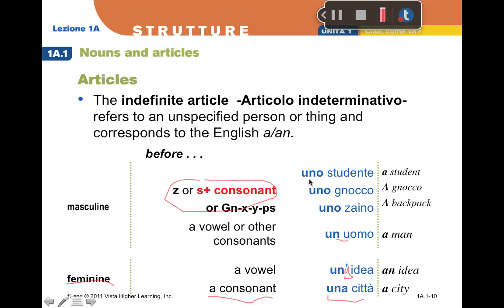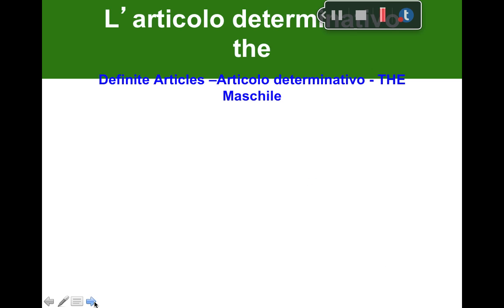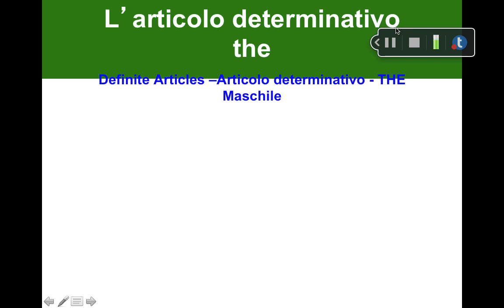So here again we have the indefinite articles. Uno studente, uno gnocco, uno zaino, un uomo, un'idea, una città. Okay? Adesso, let's see the definite article, l'articolo determinativo, which in English is the article the.